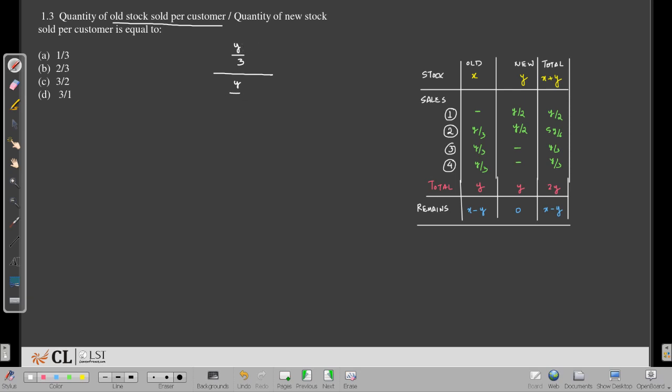Each of the old customers who got the old stock got y by 3. Each of the customers who got the new stock got y by 2. So the question needs y by 2 divided by y by 3. You cancel this y out, you take the 2 on top. This will become 2 divided by 3. That will be the answer to this question, which is answer choice number B.